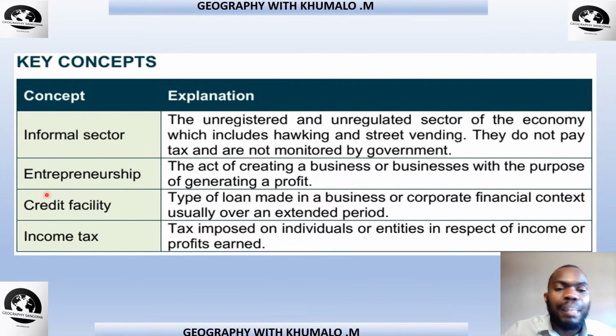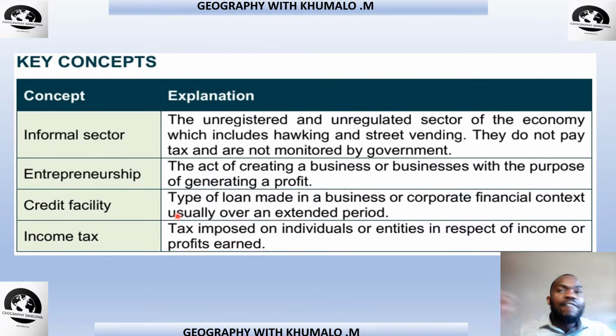Now, we talk of entrepreneurship, the act of creating a business or businesses with the purpose of generating profit. So if I create a business and I want to make profit out of it, then I am an entrepreneur, or that's a process of entrepreneurship. Then we have credit facilities. That's a type of loan made in a business or corporate financial context, usually over an extended period.